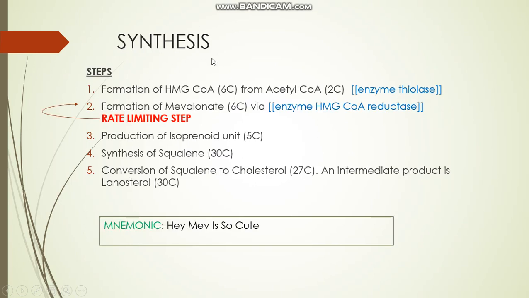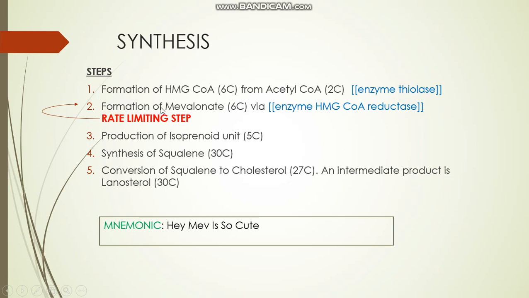Moving on to the synthesis. The synthesis of cholesterol, I know, can seem a bit daunting, but it is actually pretty easy, and it's broken down into just 5 steps, which we will cover now. The first step is the formation of HMG-CoA 6 carbon from acetyl-CoA 2 carbon, and this is facilitated by the enzyme thiolase.